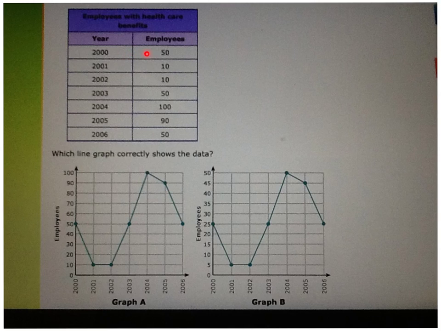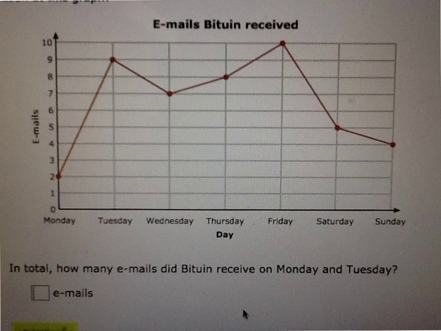The data says in the year 2000, 50 employees had benefits. So in the year 2000 in graph A, do they have 50 people? They do. In the year 2000, do they have 50? In this second graph, they do not. It only goes up to 25. So which graph is correctly representing the data? You should have said graph A.